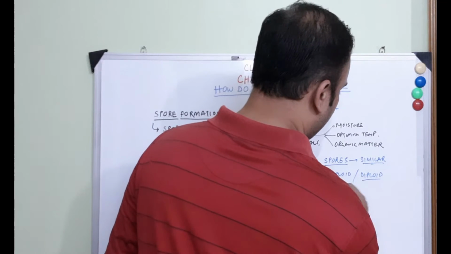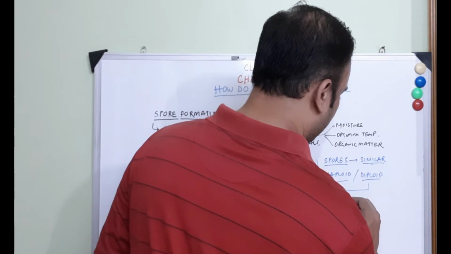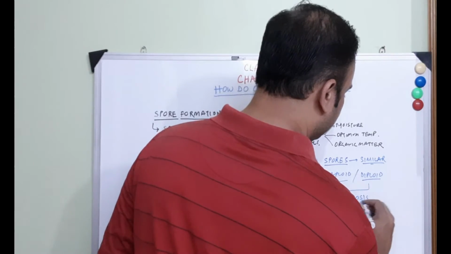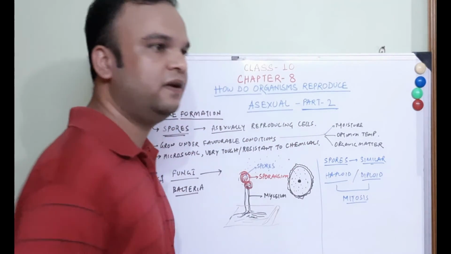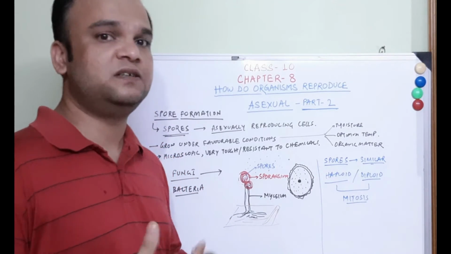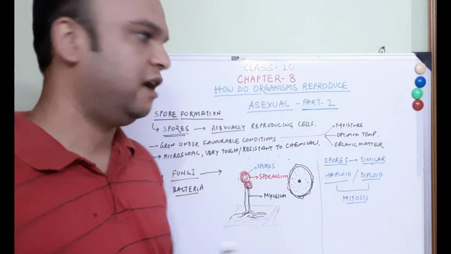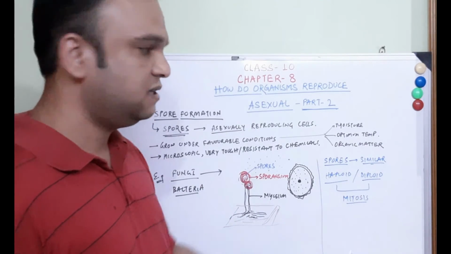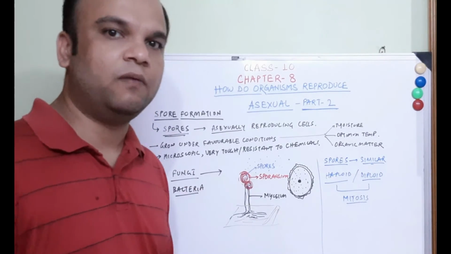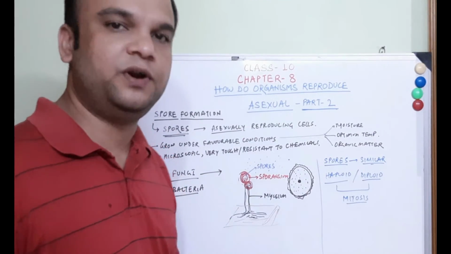And remember, even if they are haploid or diploid, they do not undergo meiosis, they only undergo mitosis, cell division. Because meiosis cell division will definitely give rise to a reduced chromosome number, and that is involved in the formation of gametes. So here gamete formation does not take place, but mitosis only continues the same type of genetic combination of these spores into other cells which are produced out of it.